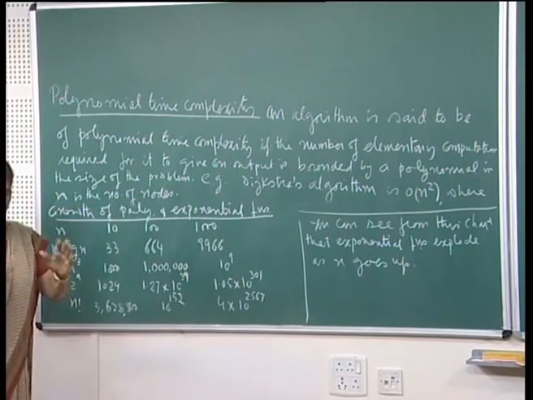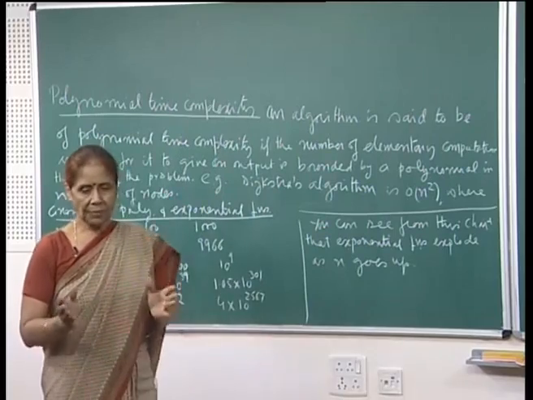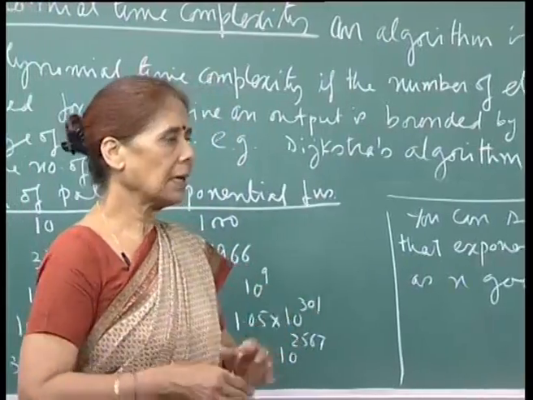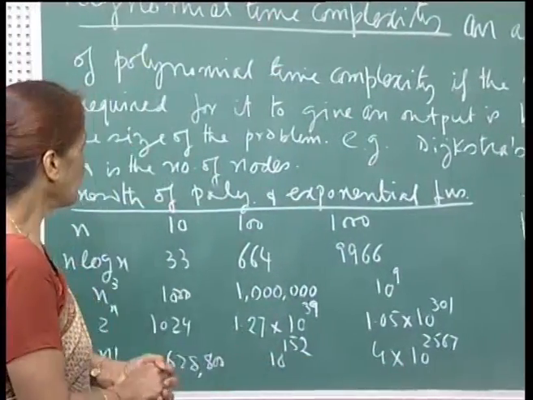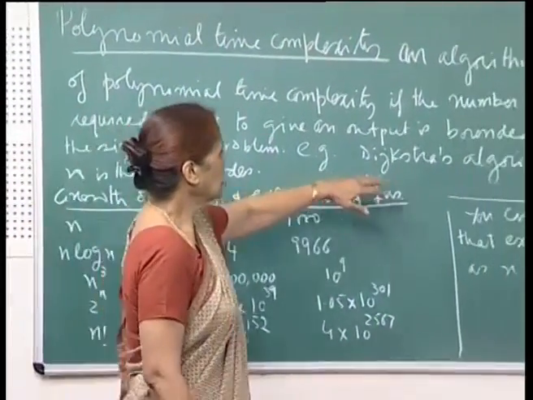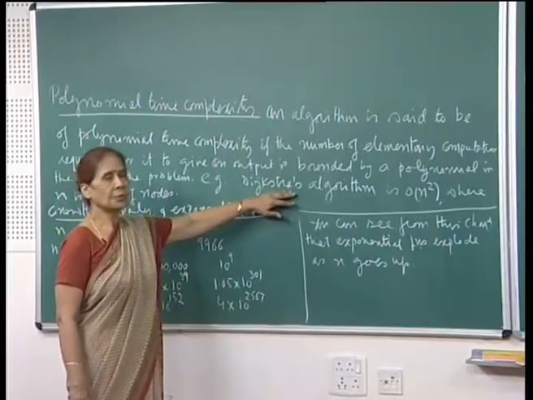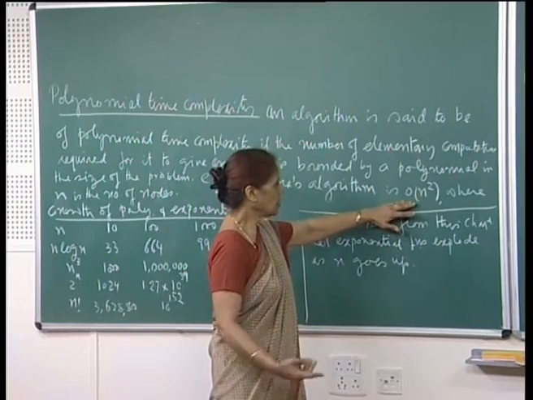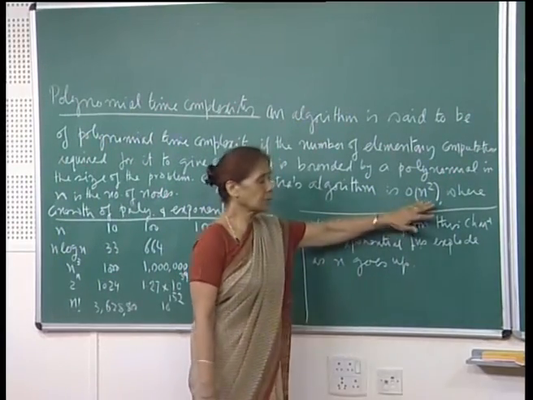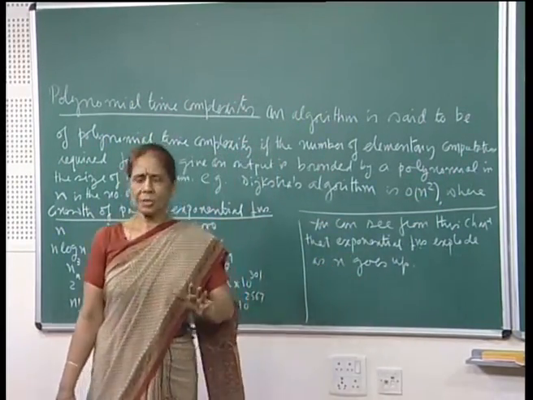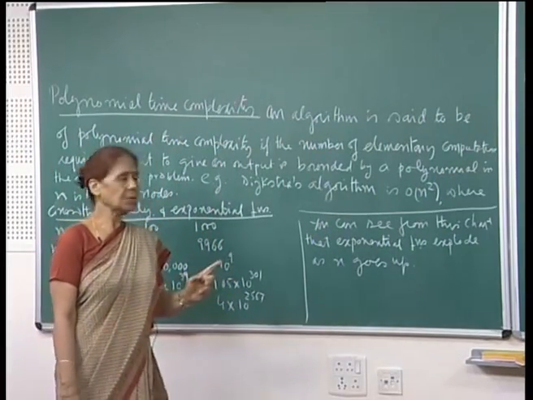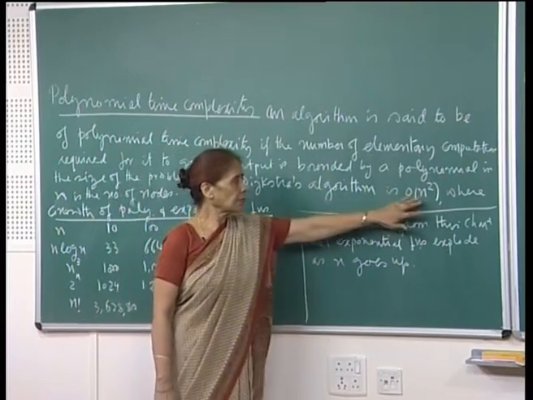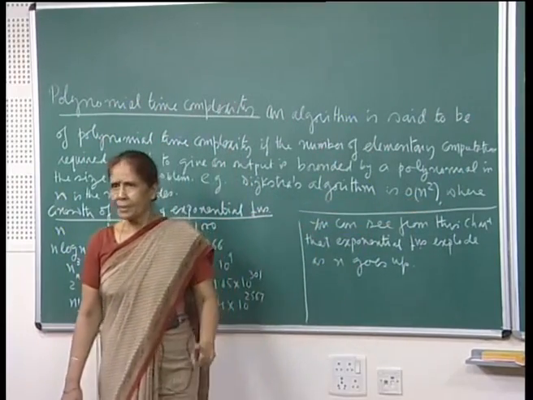For example, while discussing Dijkstra's algorithm for the shortest path problem, I had shown you that the complexity would be order n square. And here of course, even though the shortest path problem has weights attached to the edges, they do not matter in the algorithm. It is only the number of nodes that determine the complexity of the algorithm.